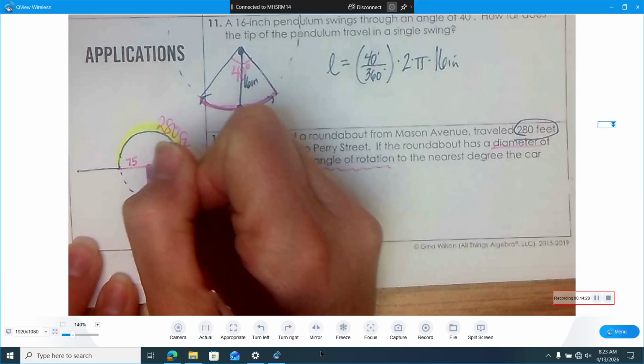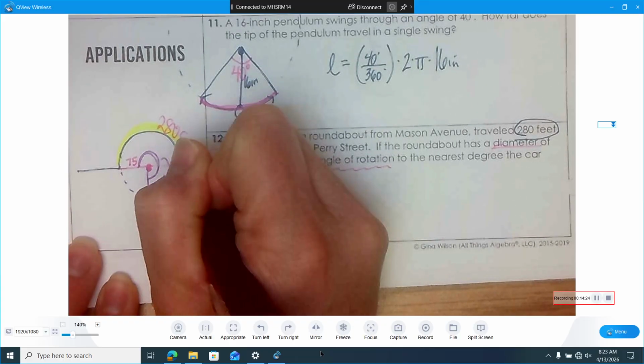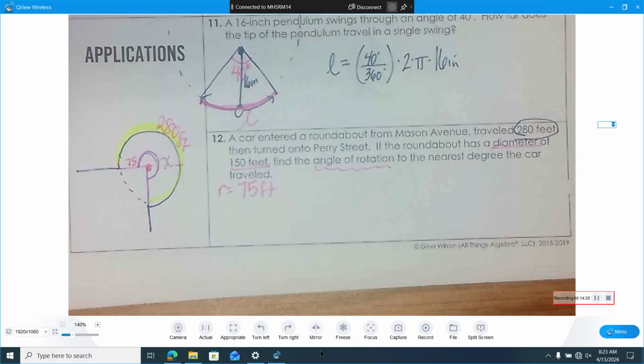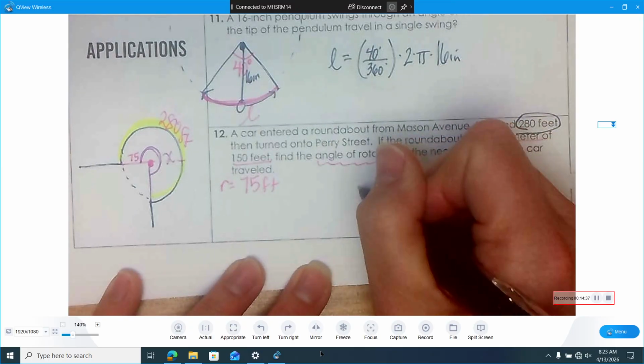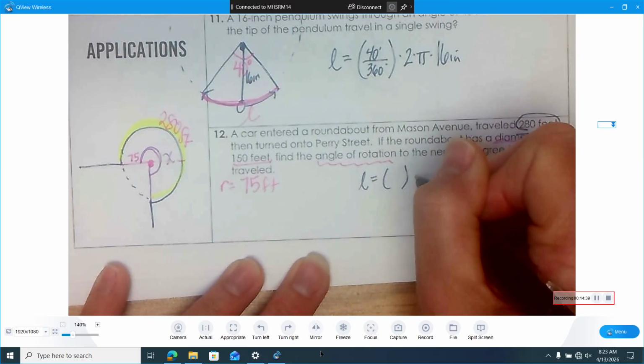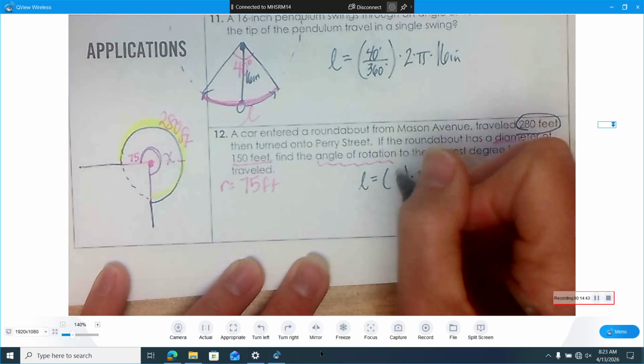If we wanted to know that, we'd need to know this whole angle right here, which I don't necessarily know. Like, I drew a right angle, but it might not be, right? It could be anything. So I'm going to set it up just like I was before, where we had L equals some fraction times 2 times pi times our R value.